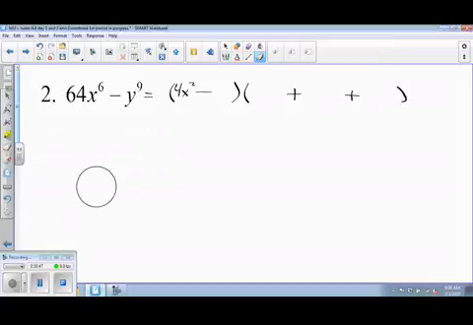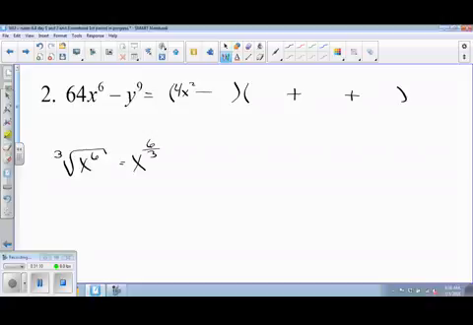Or you could think about the cube root of x to the 6. Do y'all remember if you have a radical and we want to write this as a fractional exponent? This is x to the 6 divided by 3. You take this exponent and divide it by that.